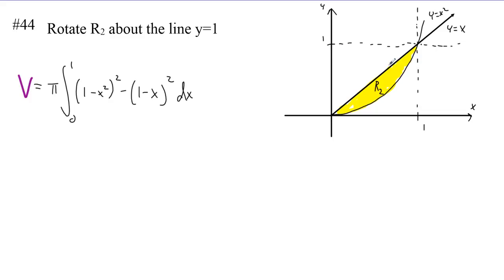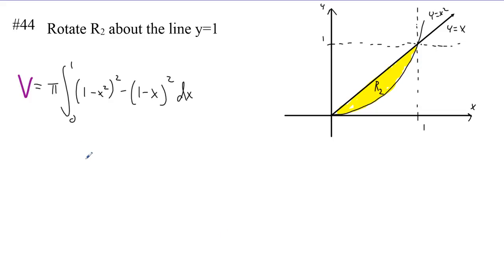So I'll get something that kind of looks like this curve right here. And then this same thing here, this negative x squared is going to reflect it about the x-axis, and then this plus 1 pushes that up. So now I have a straight edge and a curved edge. And then when I rotate it, I'll get the same volume as if I rotated this one about the x-axis. That's how we're going to do these.